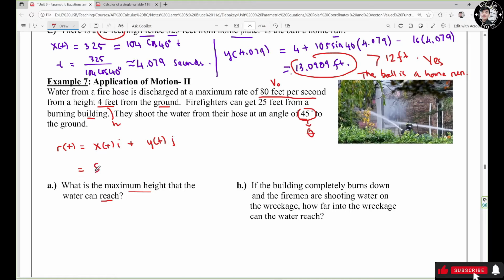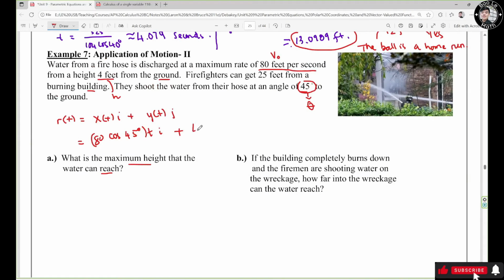So it's going to be 80 times cosine of 45 degrees, times t i, plus 80 sine 45 degrees times t minus 1/2 g t squared, which is 16t squared. This one is the j component.